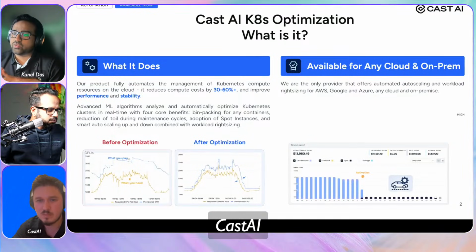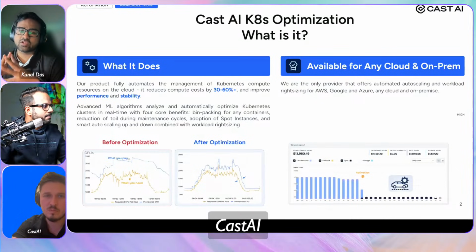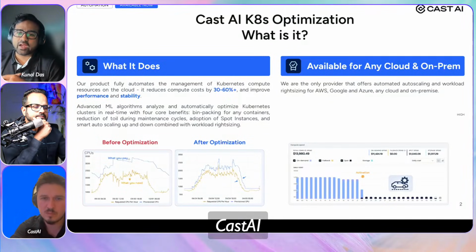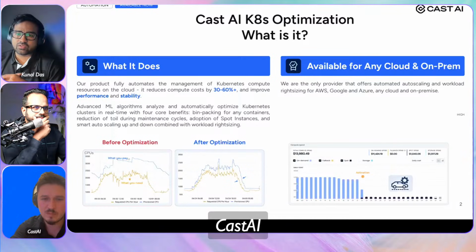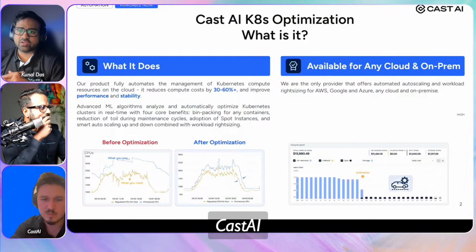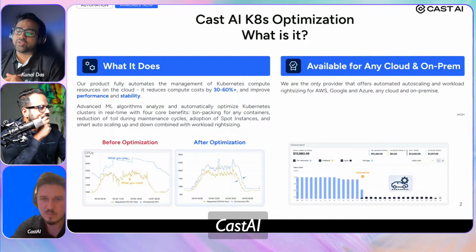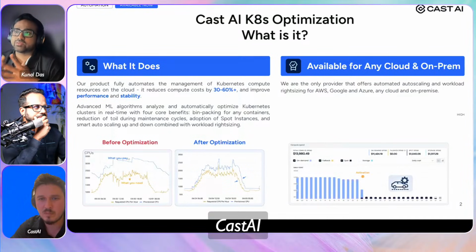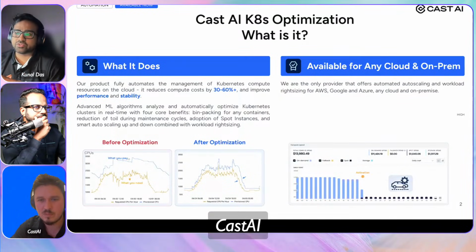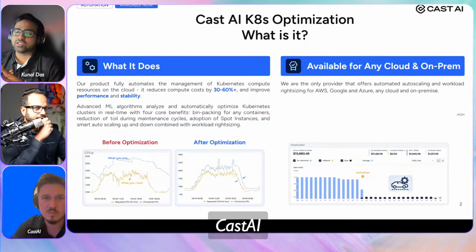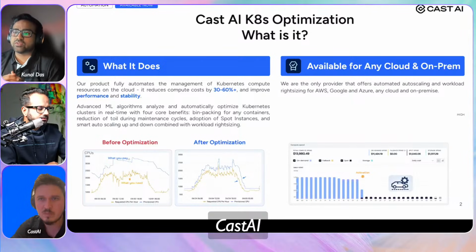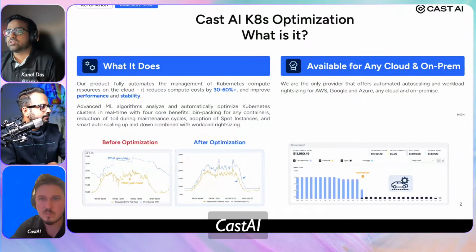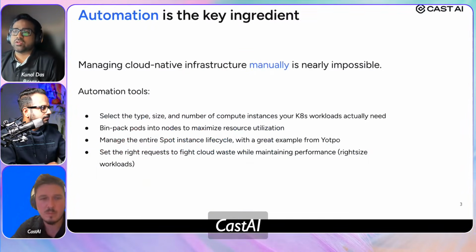In your cluster, we install a small agent that will optimize your resources for memory, CPU, and all that. So that's what we do at the very core, and we run certain algorithms to schedule pods to certain nodes. We identify spot instances, which are very cheap, almost 90% cheaper than normal instances, and we schedule pods there. We move pods across different nodes and workloads, and it's not only an observability platform, but on top of that, it acts automatically.